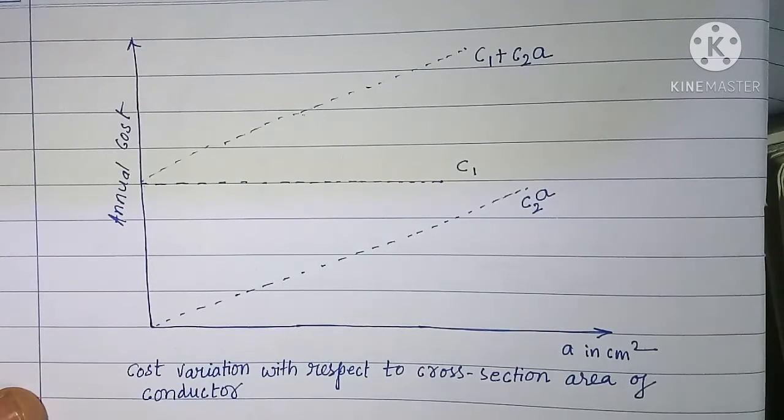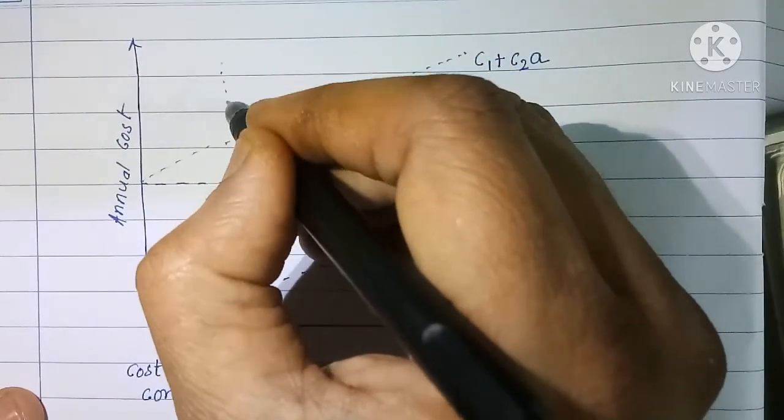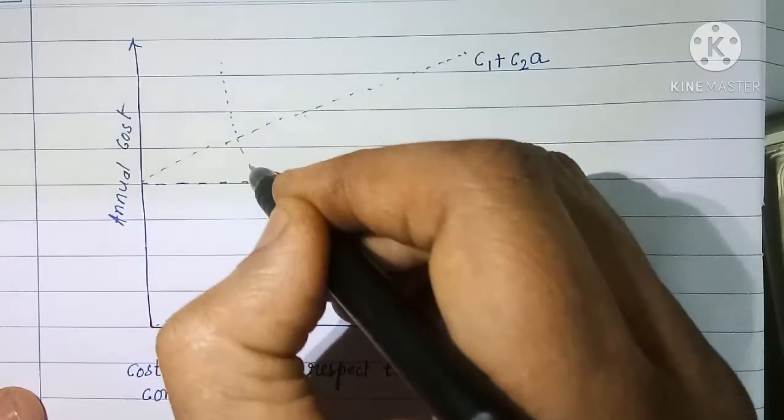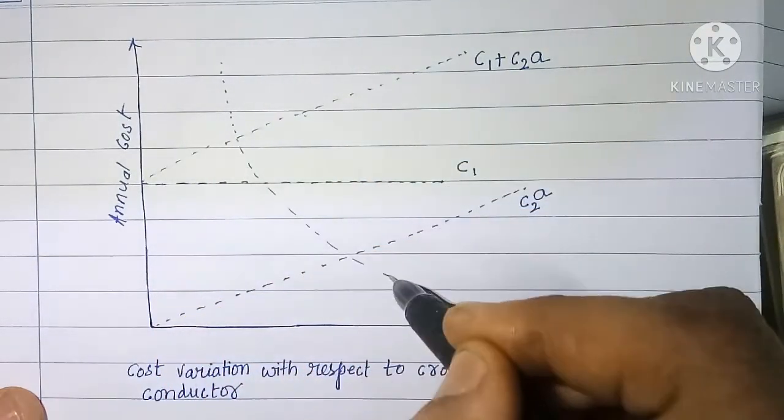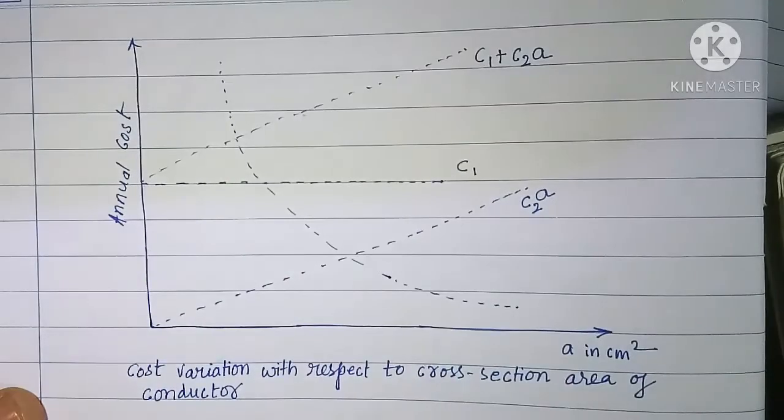The annual cost proportional to loss of energy, which is inversely proportional to cross-sectional area, may be shown like this.